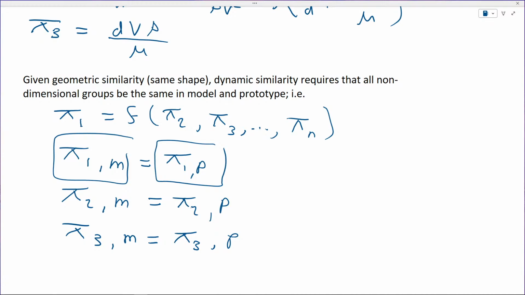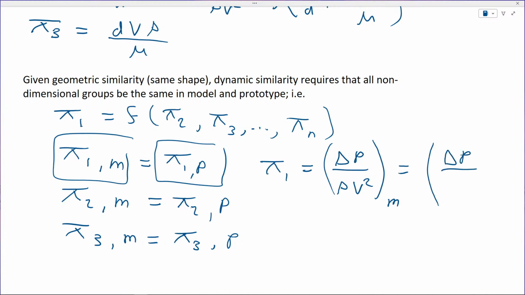Isn't this great? Because now I can say pi 1, that is equal to delta P over rho V squared in my model, will be equal to delta P over rho V squared in my prototype.